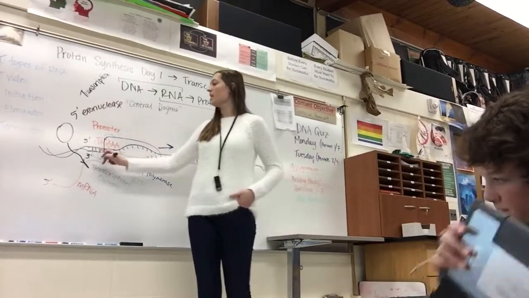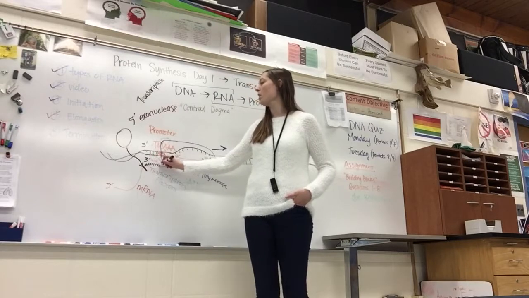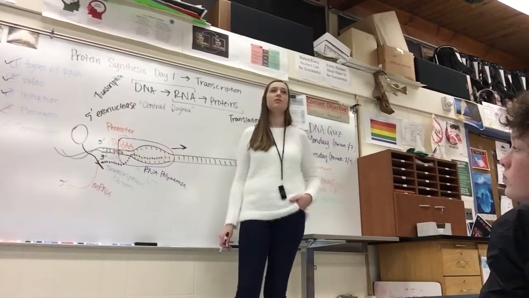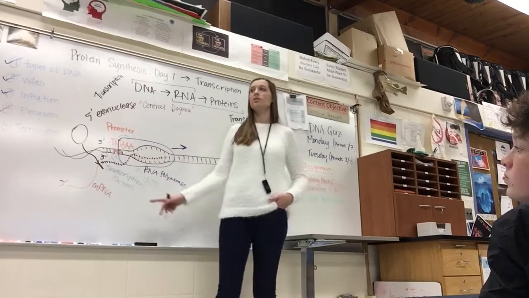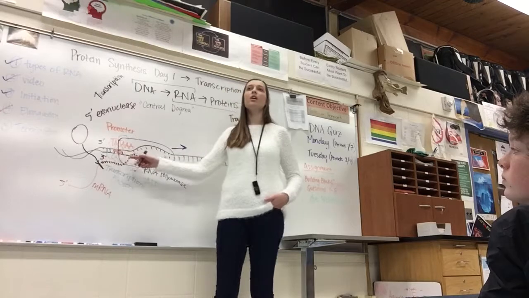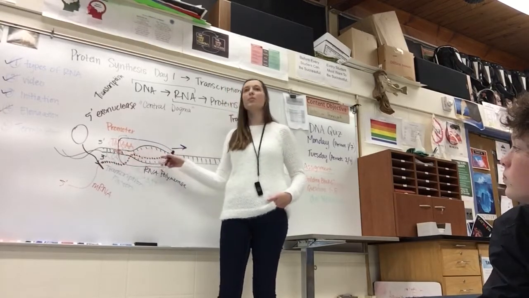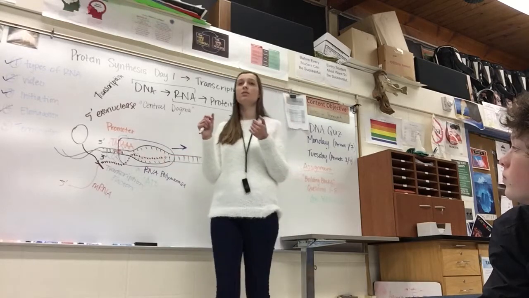The next step is that this 5' exonuclease is actually going to come and break apart all of these nucleotides that were just put back together. So it's going to follow the RNA polymerase and actually go into the RNA polymerase in order to destroy all of those, break all of those apart.